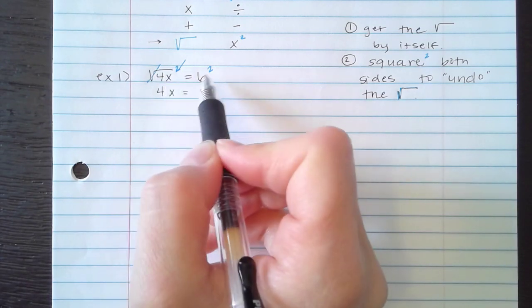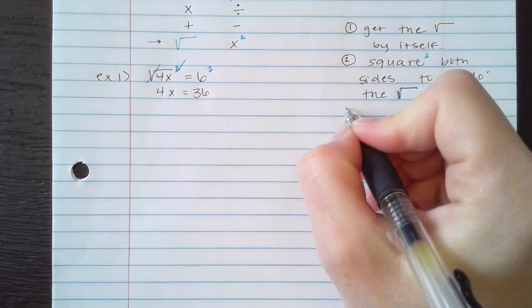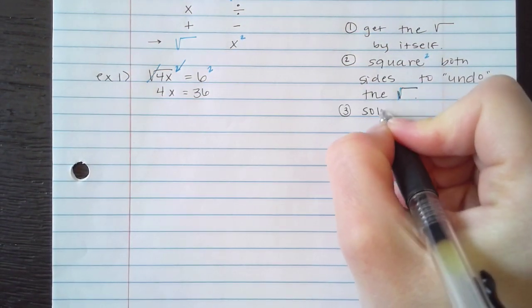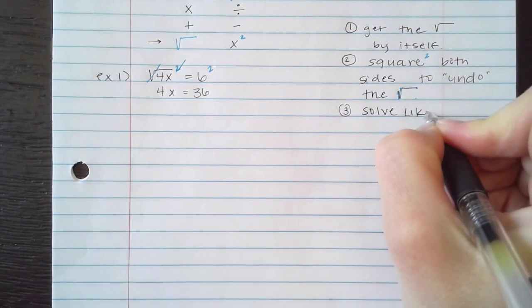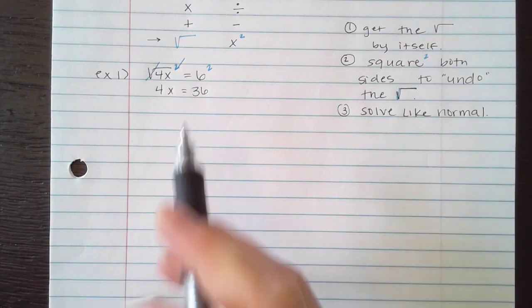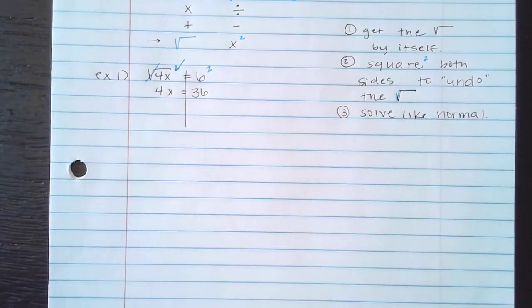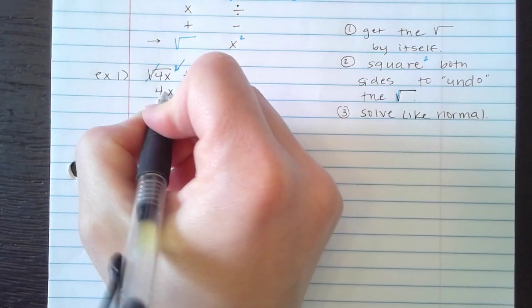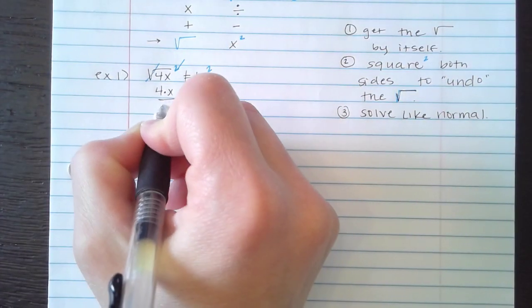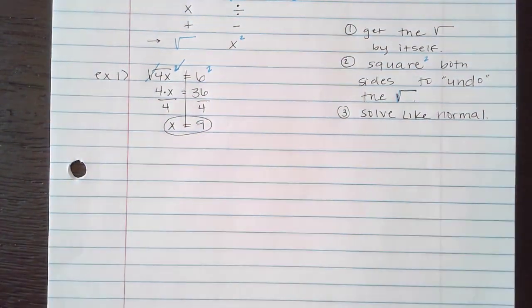In this case, I got rid of the square root, but 6 squared is 36. And then solve like normal, or solve to get x by itself. If we're solving just to get x by itself, this problem right here is a 6th grade problem, a one-step equation. 4 multiplied by x, we're going to divide by 4, and x is equal to 9. So the only new thing is what we do when we see x in the radicand.